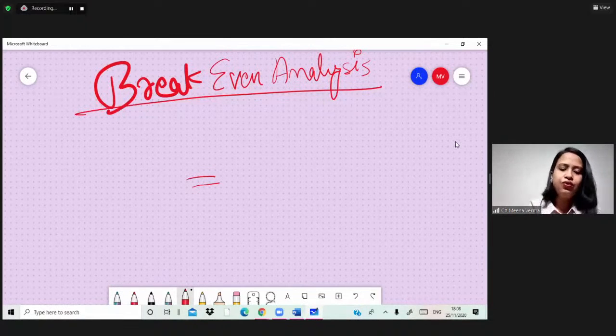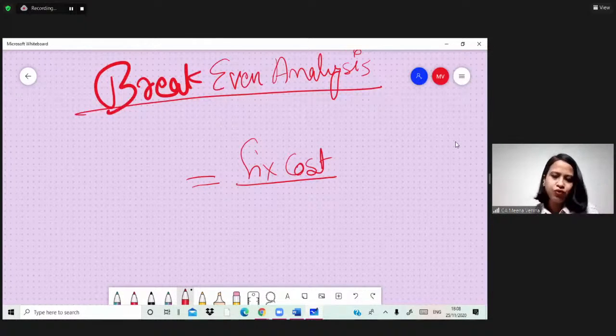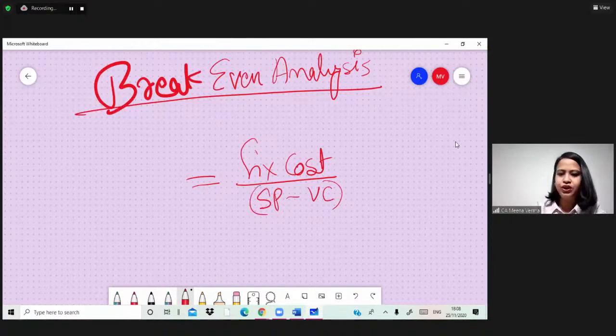So here we consider the fixed cost, and then we consider the selling price and variable cost, meaning the contribution per unit. In this way you can find the break-even point, meaning the number of units at the break-even.